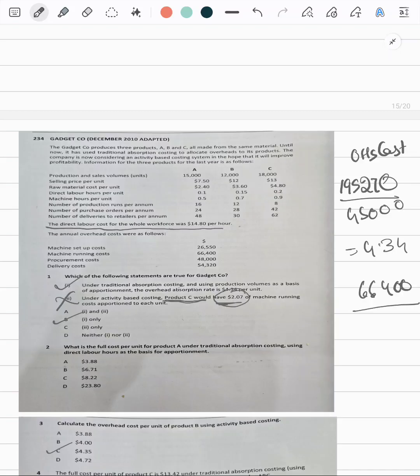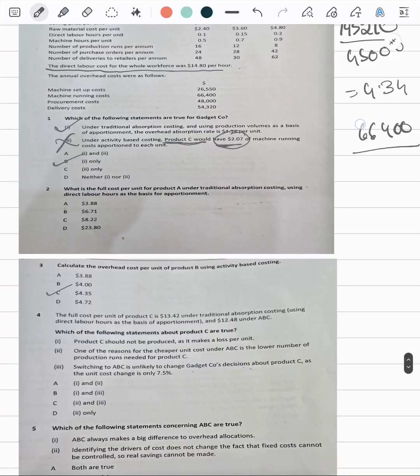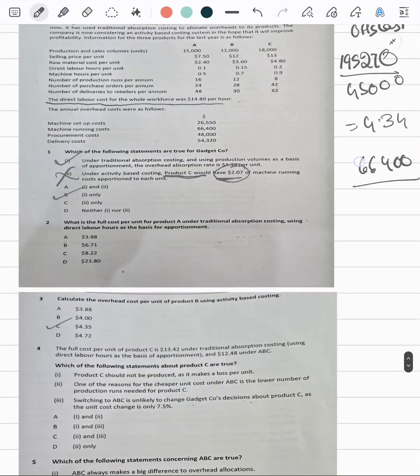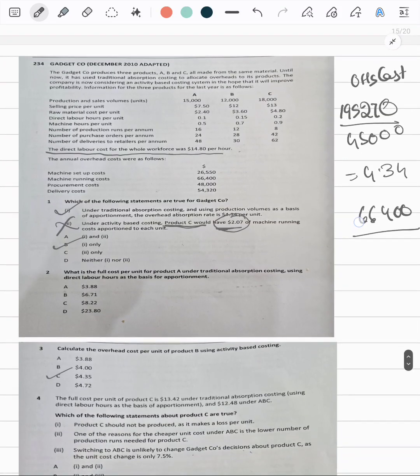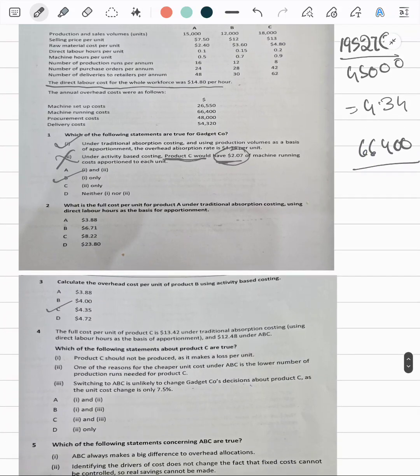And if I reduce the cost which has been given to me, the full cost per unit is 13.42, as per the traditional cost method.